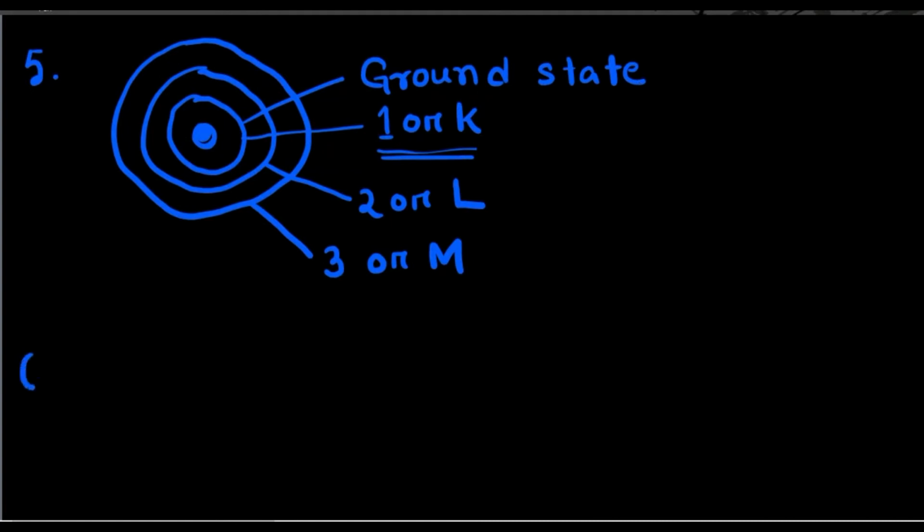And the sixth postulate is that the change in energy occurs when an electron jumps from one energy level to another. Suppose in an atom, the electron moved from lower to higher energy level by acquiring the required energy.